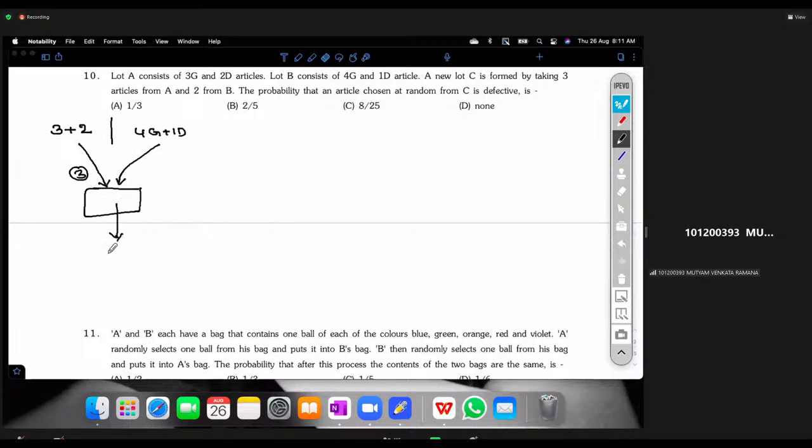What is the probability of selecting 1 defective object from here? So you need to study each case. From here, blindly you cannot transfer 3. If you are taking 3 genuine, what is the probability? 2 genuine and 2 defective. Every case you need to study. Okay. Please complete this question.